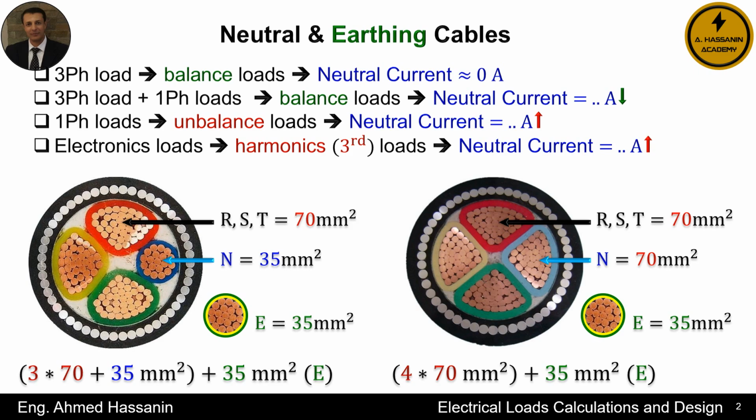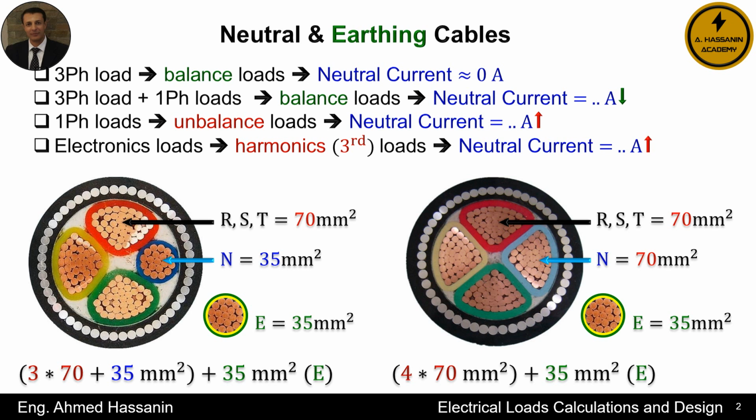This results in a high neutral current, requiring the neutral conductor to have the same cross-section area as the phase conductors. In this case, the right side configuration is the better choice, where the neutral conductor has the same cross-section area as the phase conductors, 70 square millimeters, while the earthing conductor remains 35 square millimeters.